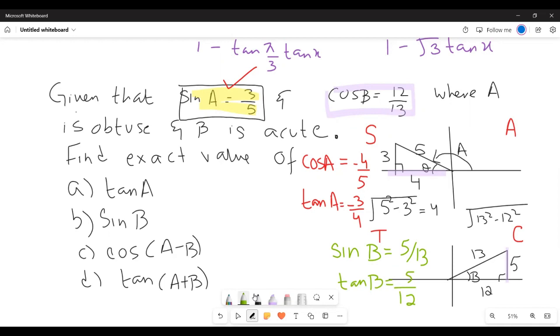And we know in the first quadrant, all three trigonometric ratios are positive, so I have not placed a negative sign anywhere. Okay, now we're ready to take a look at the actual question. Part A says find the value of tan A. We already have that. Tan A is minus 3 by 4.